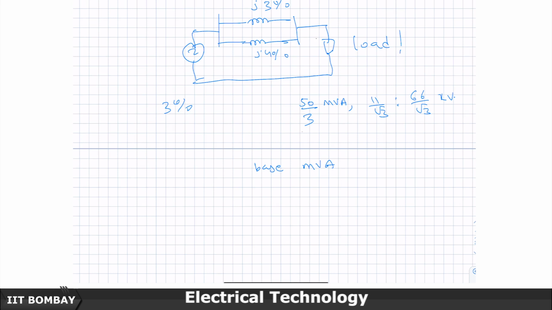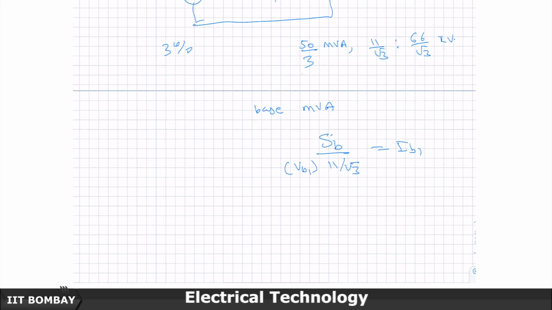So, if I call SB the base MVA, B indicating base, which in this case is going to be 50 by 3, and I call this the base voltage on the primary side, VB1, and this the base voltage on the high voltage or secondary side, then I can talk of base current on the primary side and on the secondary side.